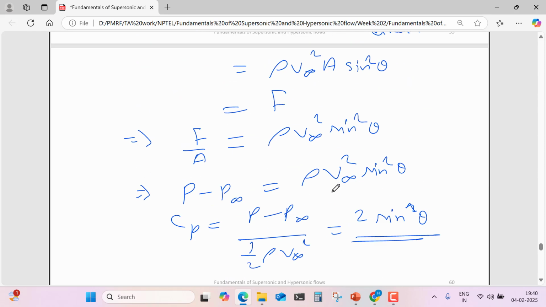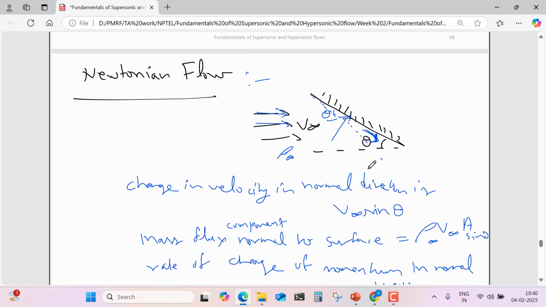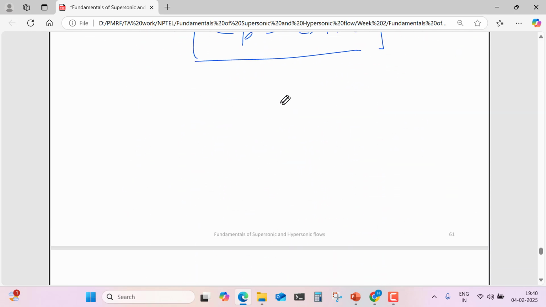So if you see, for the hypersonic flow there will be a shock wave which will be very close to the body, and the flow will turn towards the body and be tangent to the body, so almost full change happens. The shock angle beta will be very small, and it will be approximately equal to theta.